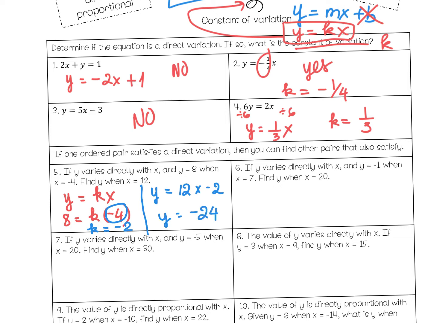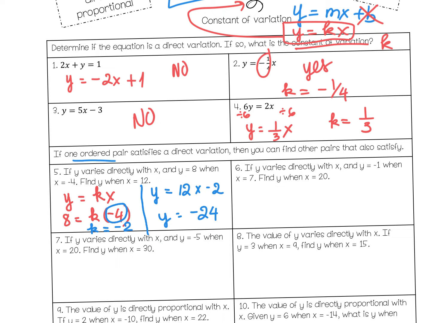That's why we say when one ordered pair satisfies a direct variation, you can find the other pairs that also satisfy it by finding the constant of variation. Number 6, if y varies directly with x, y is -1 when x is 7.